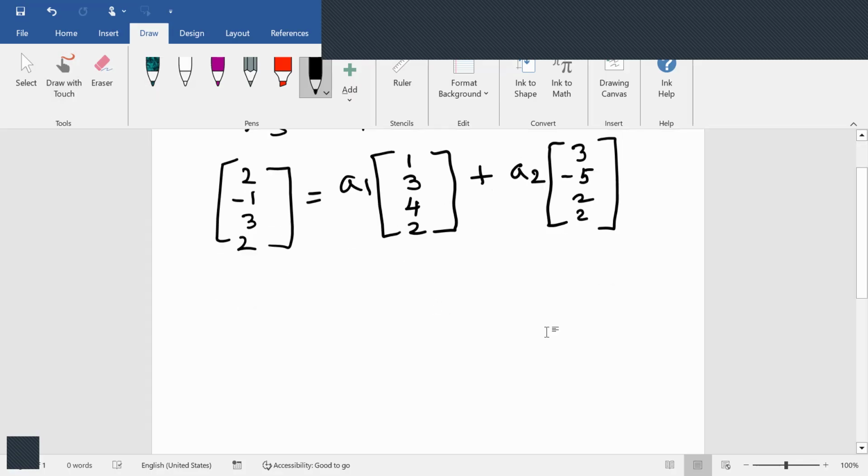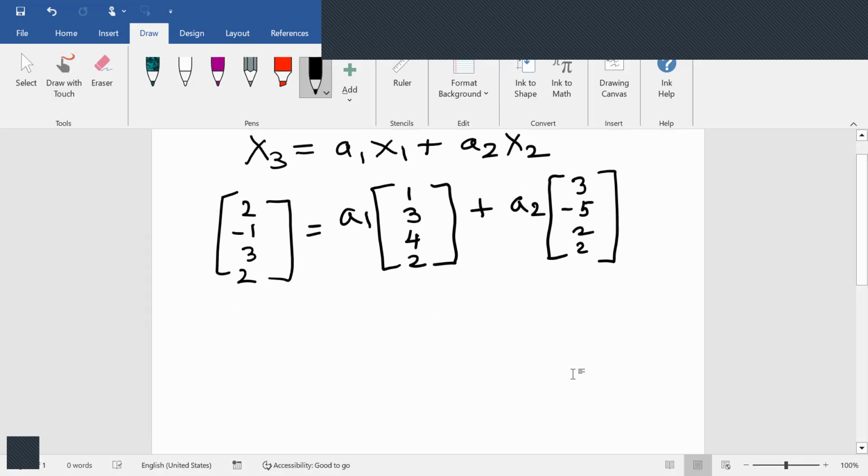Now we are going to multiply a1 and a2 inside the matrices, and then add those elements to get a new matrix. I write this as a1 plus 3a2.